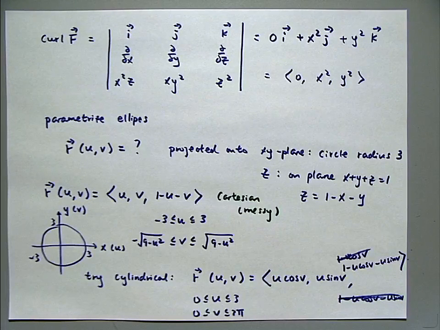And then Rv here: minus u sine v, positive u cosine v, and then u sine v minus u cosine v.